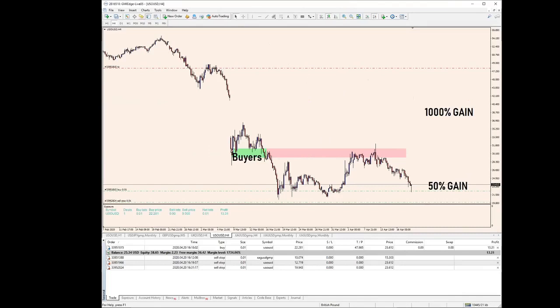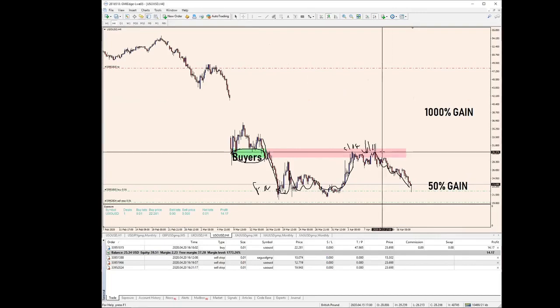I will explain it in the next session, but this session I just want to explain the concept of how, when all the buy orders fail and the price comes back to the same area, all the buyers start closing their buy trades and start selling. So the price drops. This drop itself is almost 700 pips.